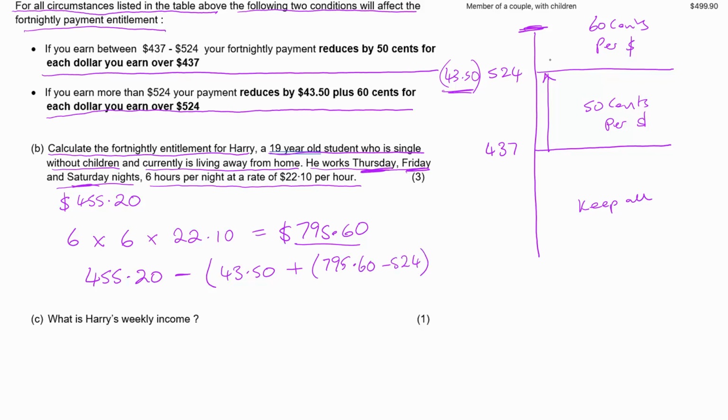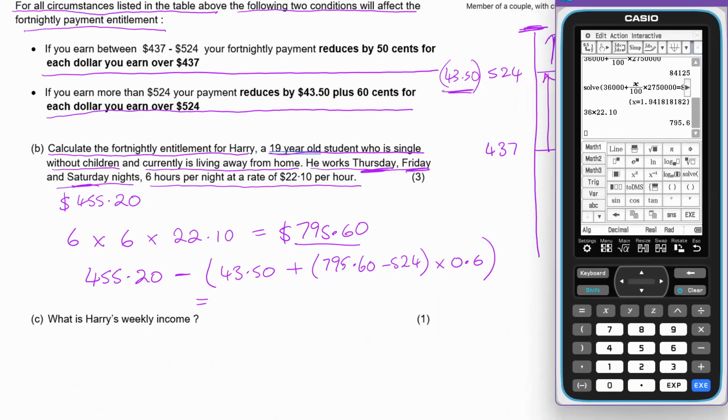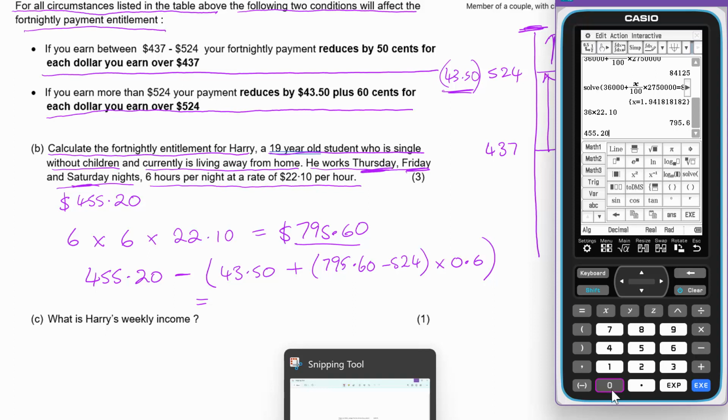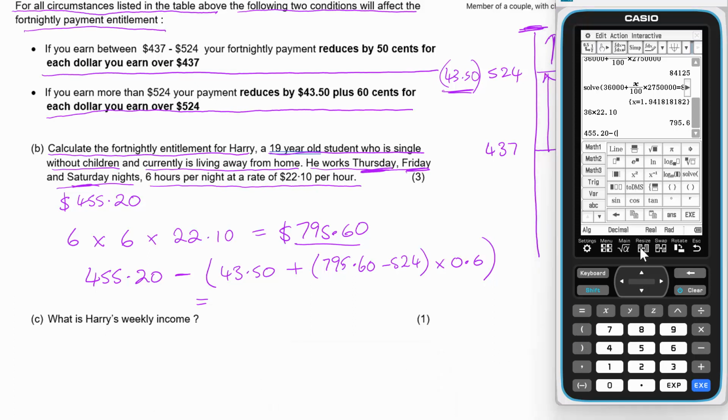That gives us how much he's above this 524, and on that he's going to lose 60 cents for each dollar. So we have the 455.20, and we're going to take away from that, let's use a bracket, 43.50.